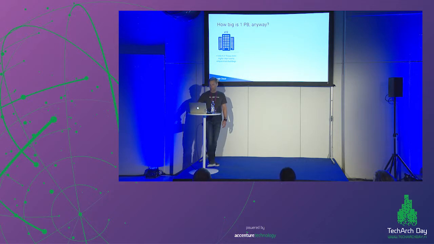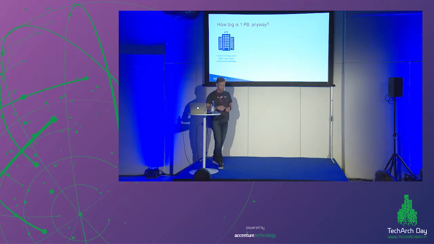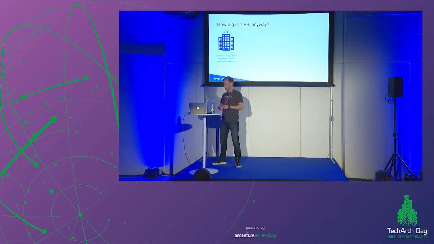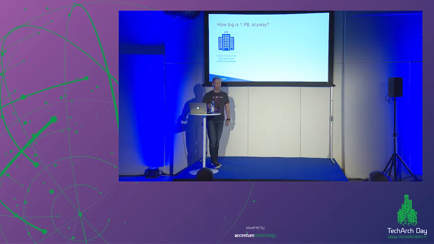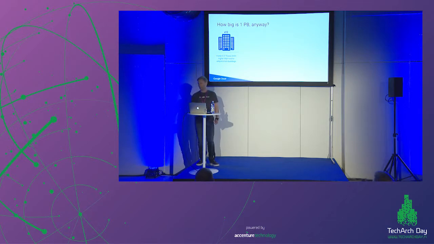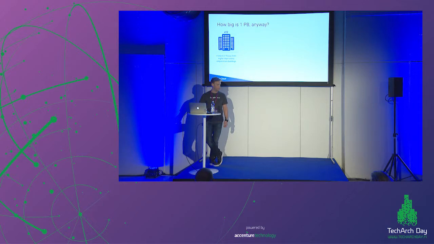Well, if you're my generation, you remember the old floppy disks. If you took them and stacked them on top of each other, they would be around 3 miles high, or 12 Empire State Buildings, in order to cover a petabyte.